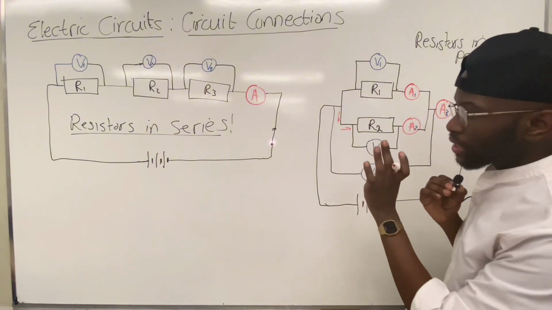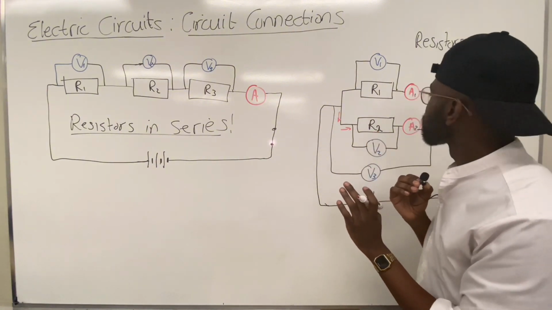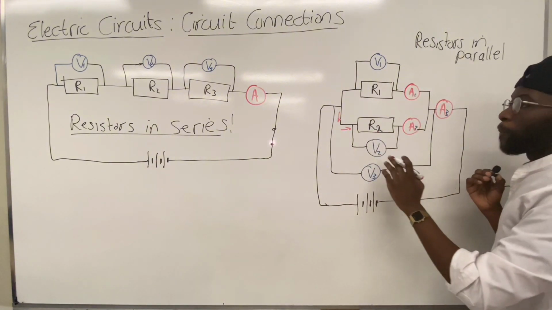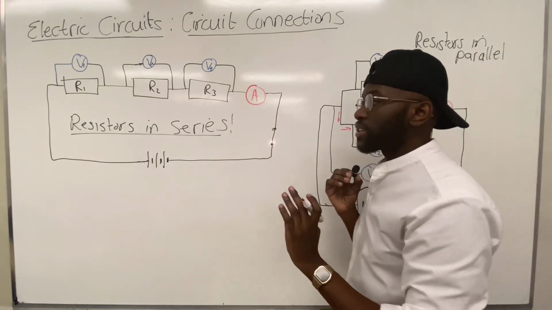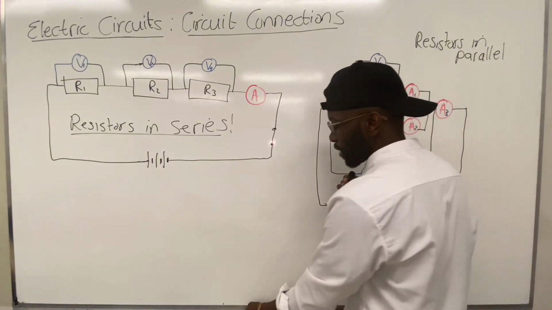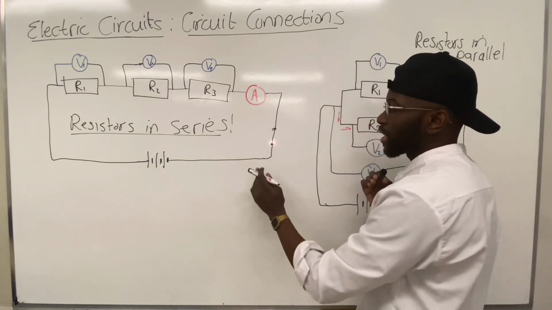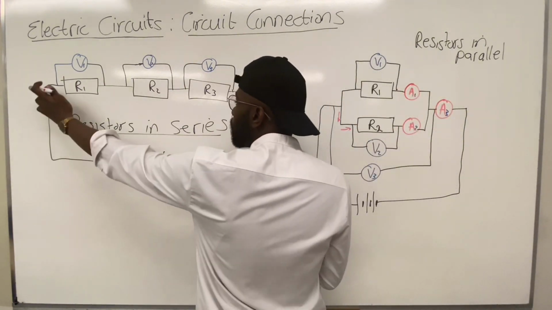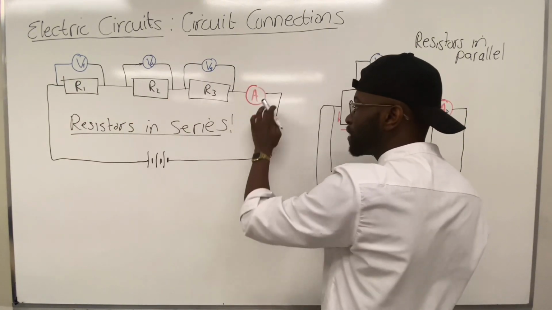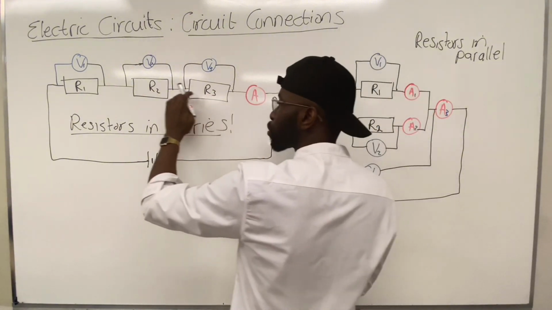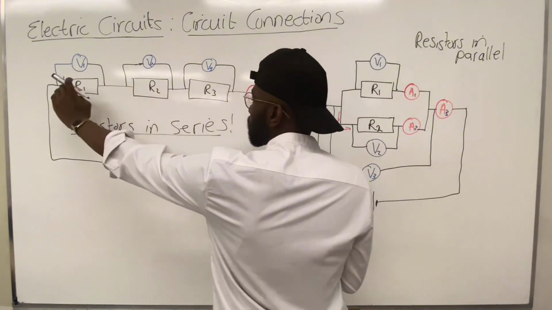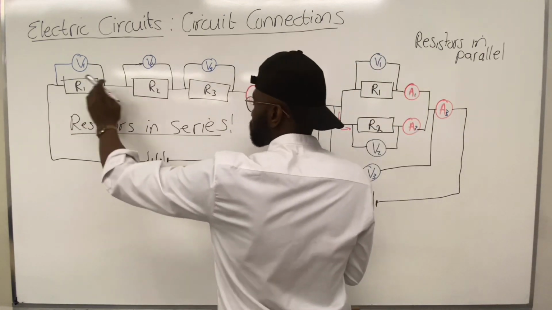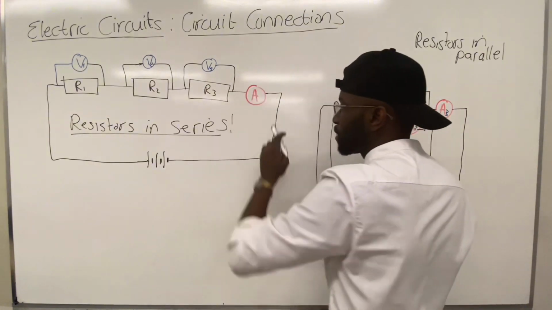Now, what you notice here is that all the current in this series circuit moves through only one path. So all of it will go through this one path here.